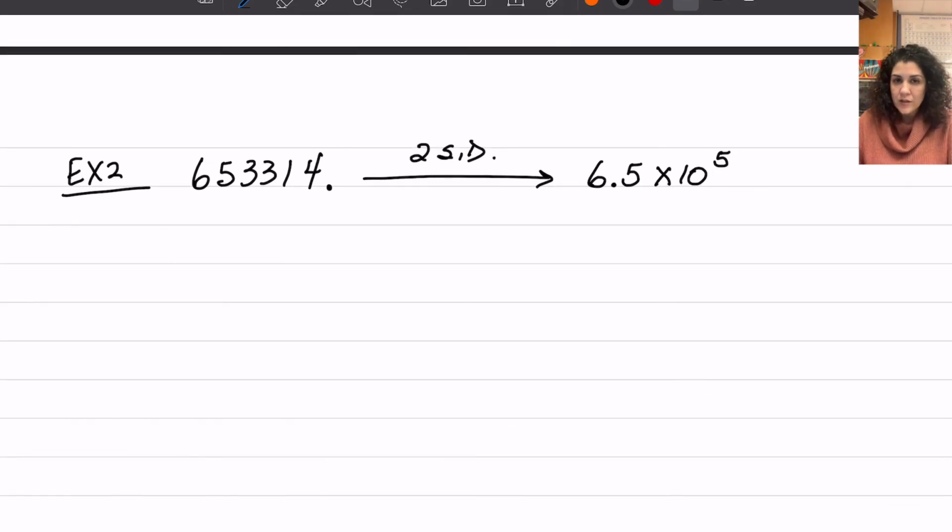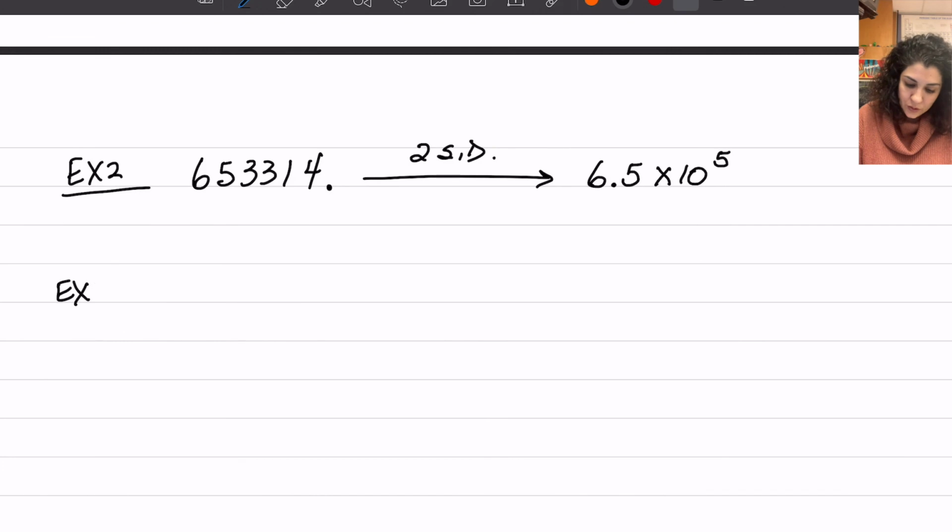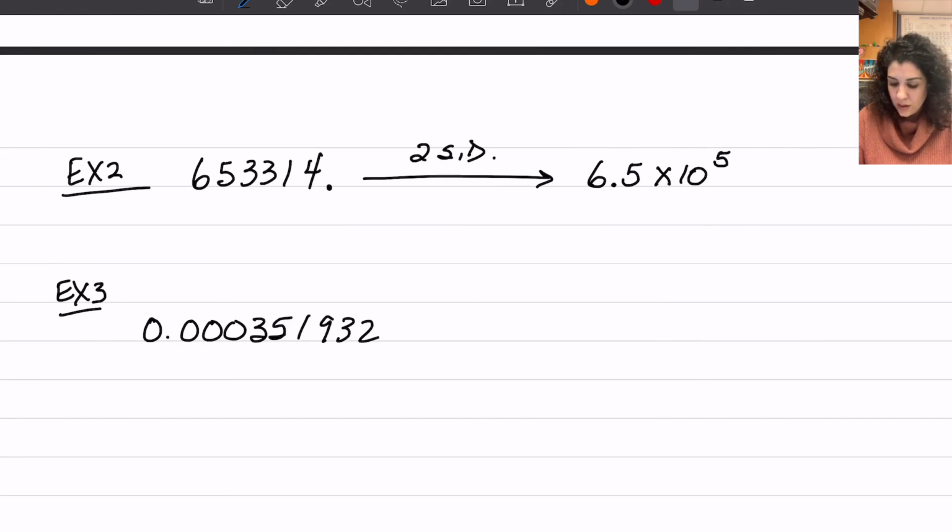If I wanted to use scientific notation to write a number that was a decimal, so for example, example 3, the answer I get in my calculator for a particular problem is 0.00035192. And what I want is for this to be written in 3 significant digits.